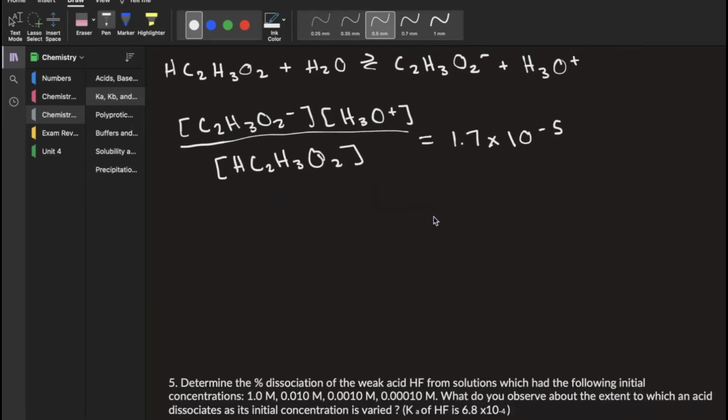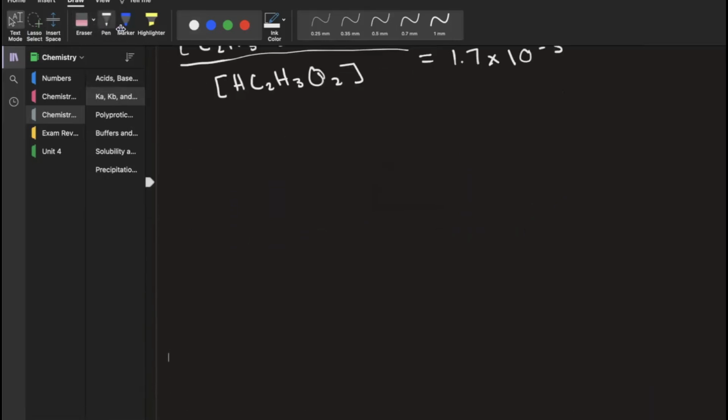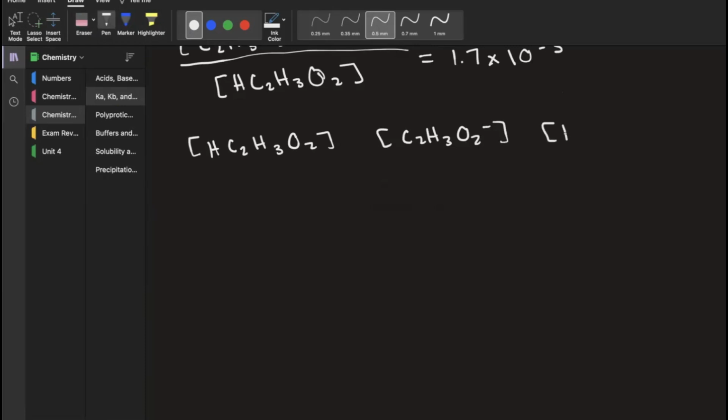Next, we're going to go ahead and formulate our ice table. First, we're going to have HC2H3O2, then we're going to have C2H3O2 minus, and then H3O plus.